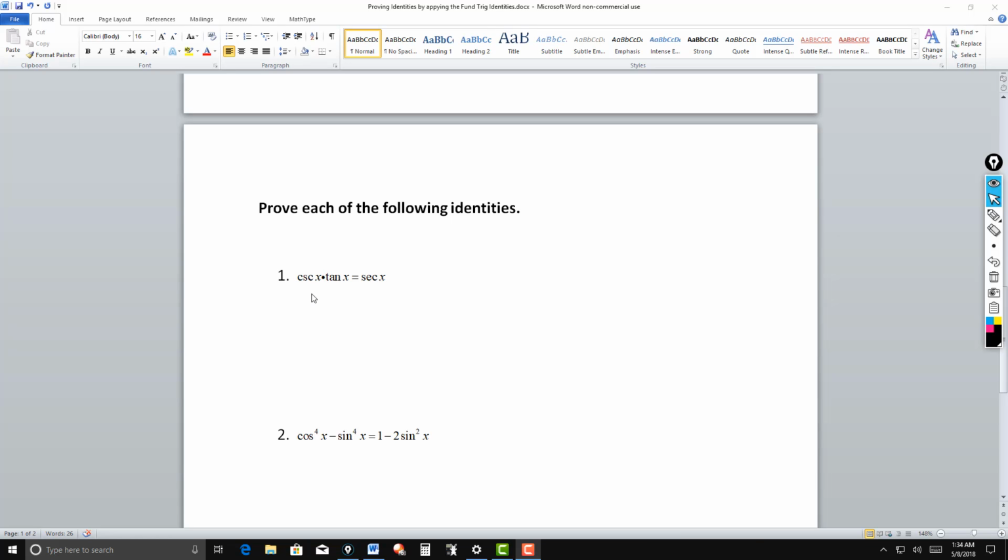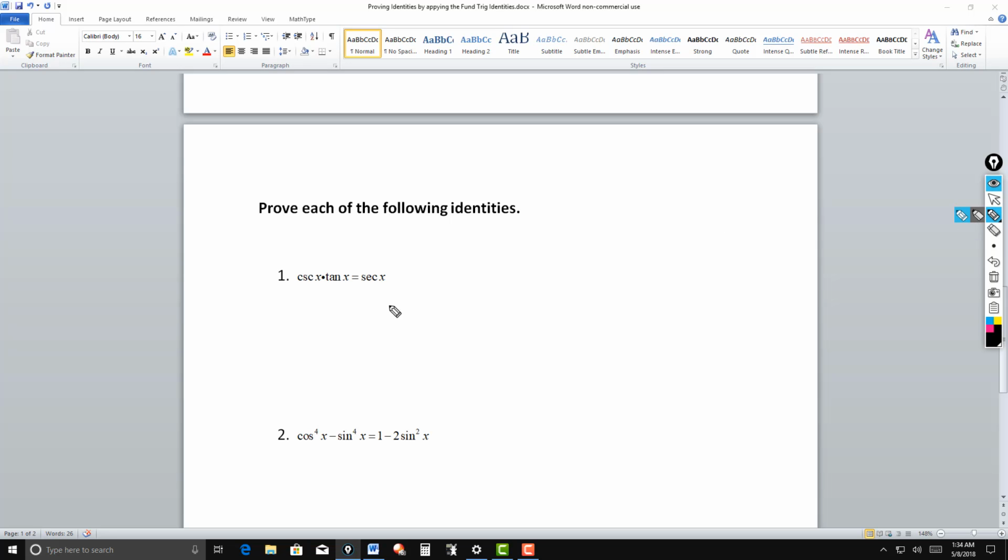The first one we have is cosecant of x times tangent of x is equal to secant of x. We're going to use the basic or fundamental identities along with basic definitions. In this case, it's mainly the identities.